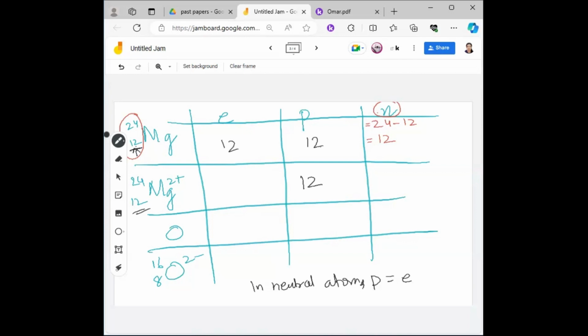So would it be your marks anymore? No. Of course not, right? It would be changed. So the thing is that this 12, the proton number, is the identity of an element. If you change the proton number, you actually change the element.